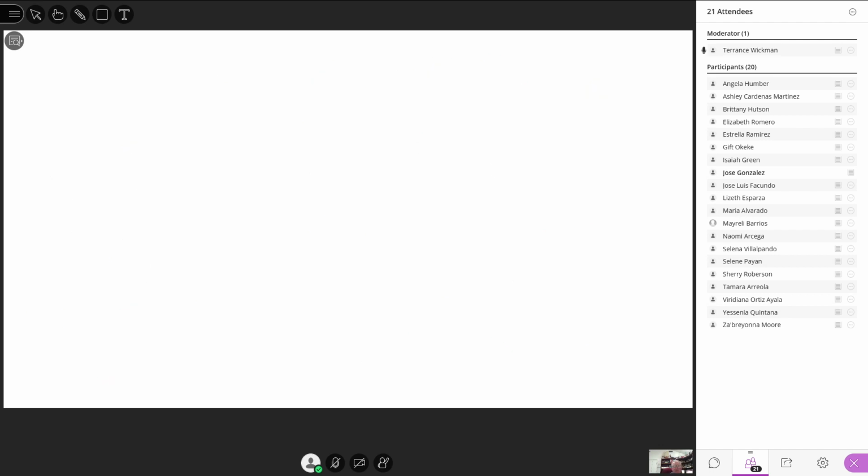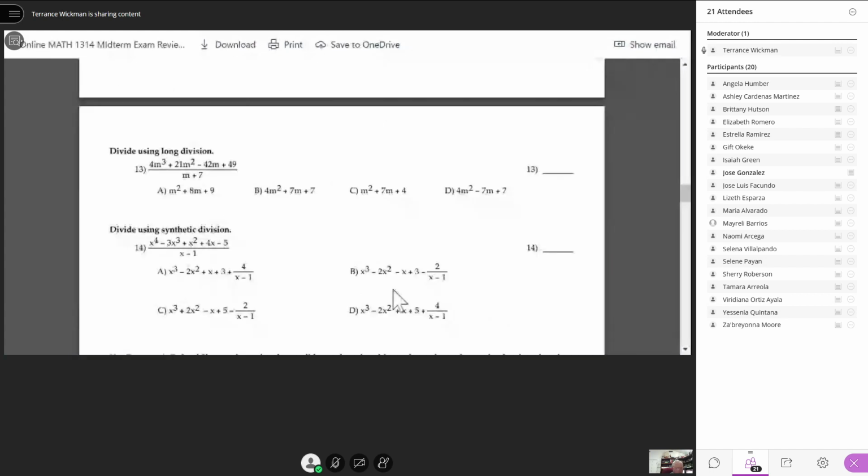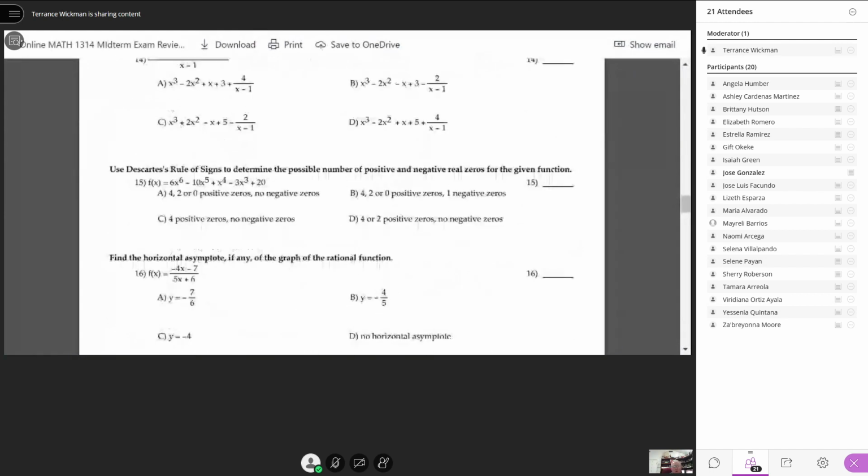If you look at that problem, I'm going to try to do it by just looking at it. The horizontal asymptote, that means a line of symmetry. If the numerator and the denominator exponent is the same, the rule says it's the number in front of the x's over the number in front, the fraction, negative 4/5.